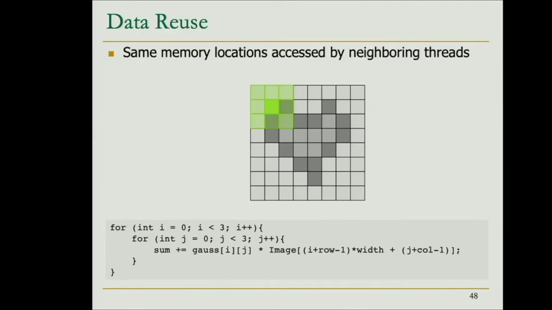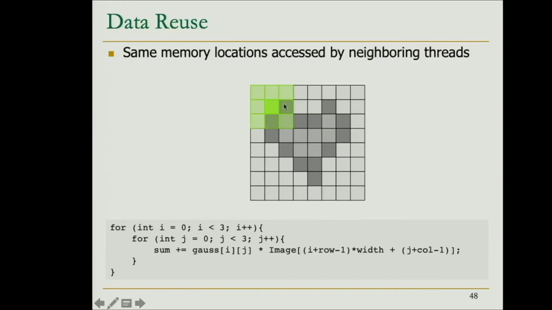The computation that we need to do for each of the individual pixels is going to be something like that. This is the sequential code for this particular case, called Gaussian filtering. What we are doing here is accessing all these 9 elements: we take the 9 elements from the image, we take the 9 elements from the filter, and then we do the computation.